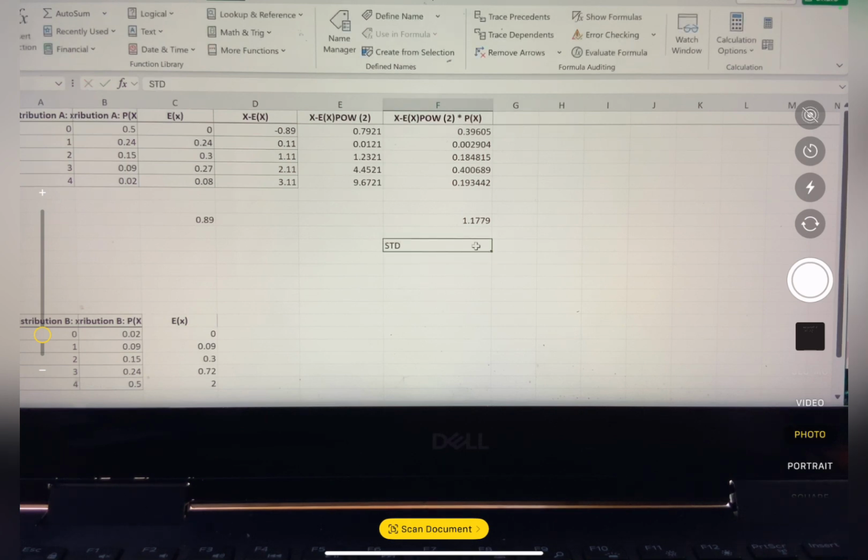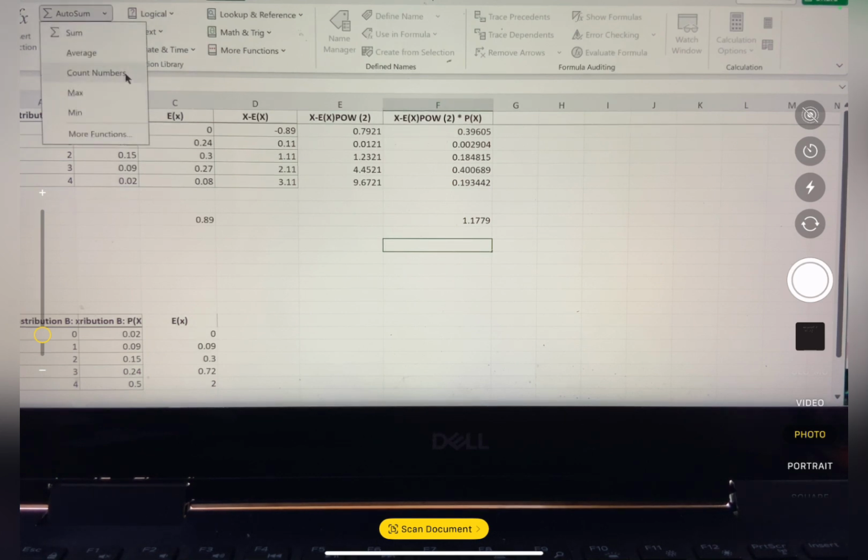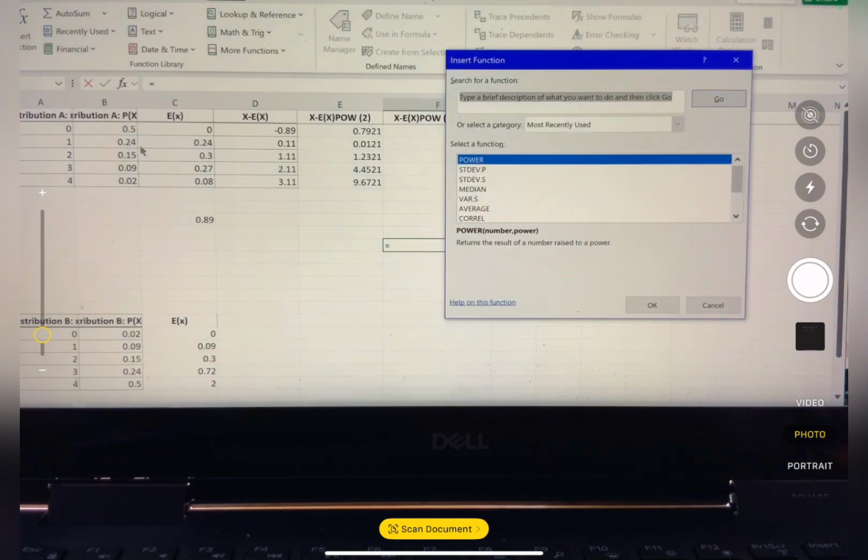The formula here is SQRT, square root. Hold on, let me do it an easier way. So click more, so square root.